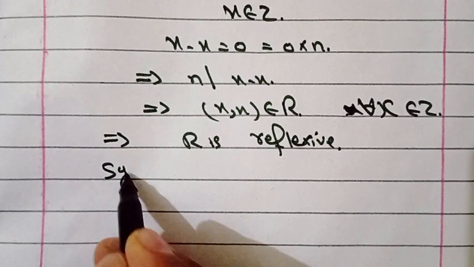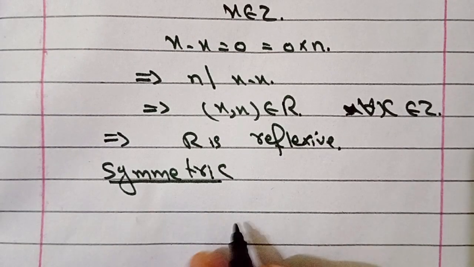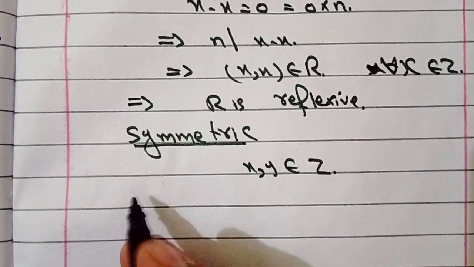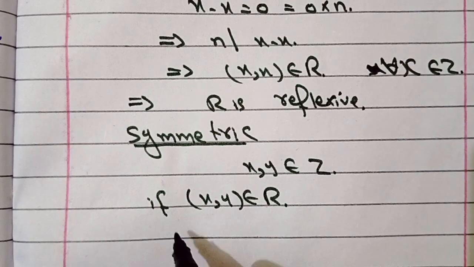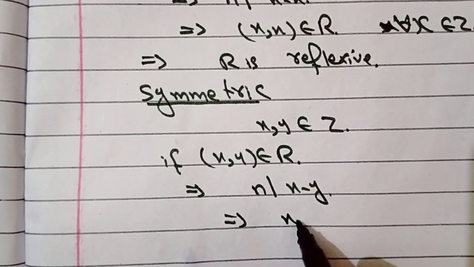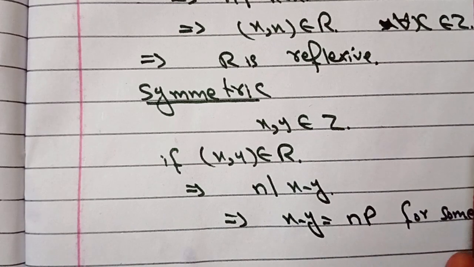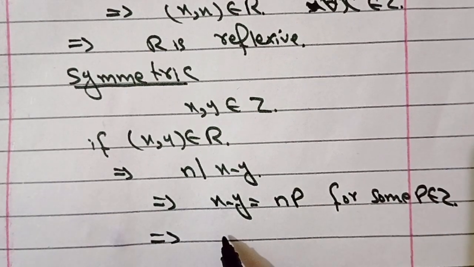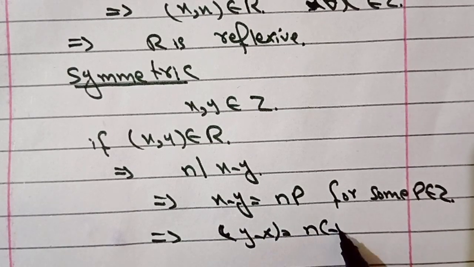So for symmetric, suppose x, y belongs to the set Z. If (x, y) belongs to the relation R, then it means n divides x minus y. This implies that x minus y is equal to np for some p belongs to Z. We can write it as y minus x is equal to n times minus p.